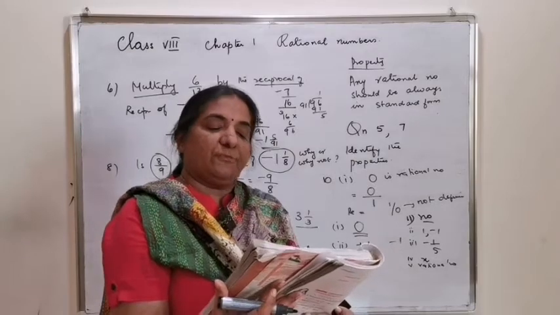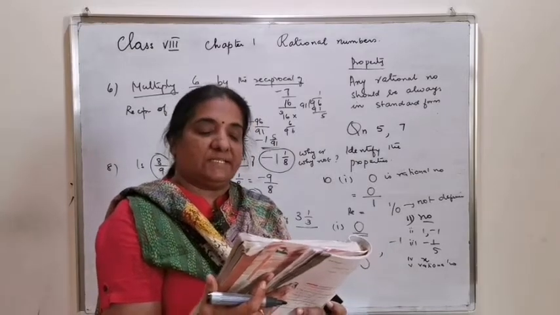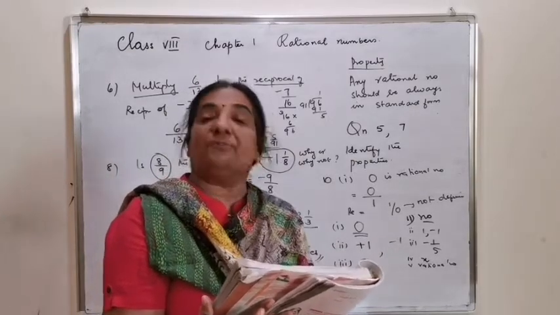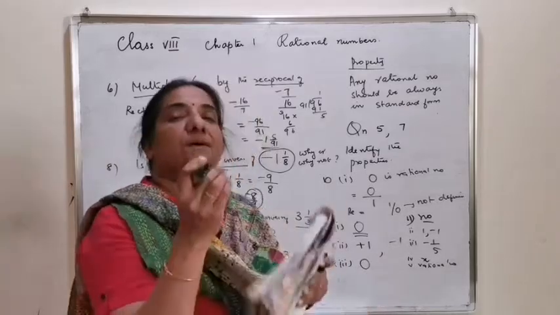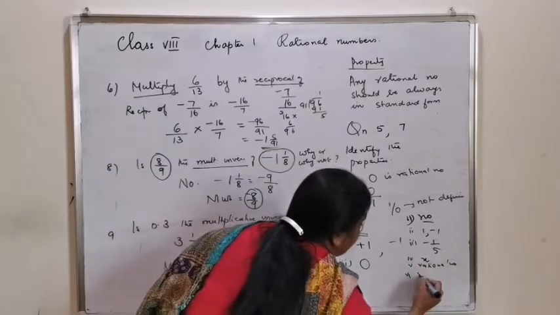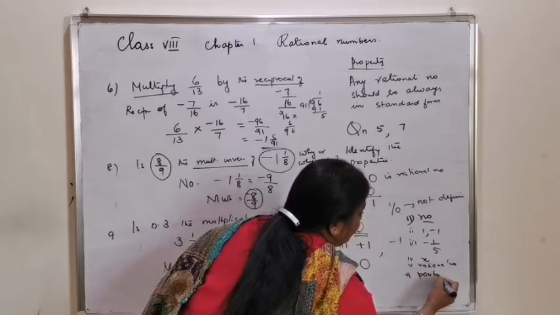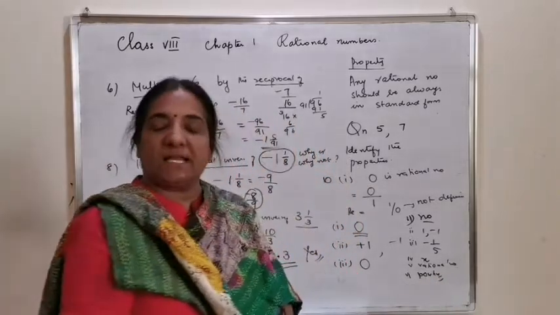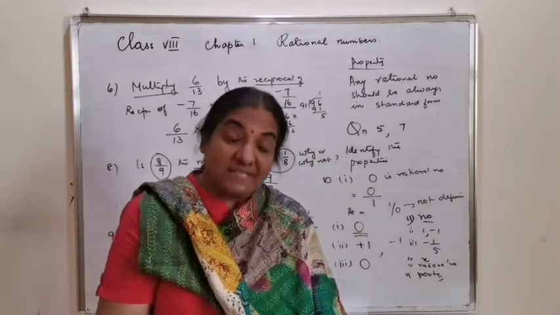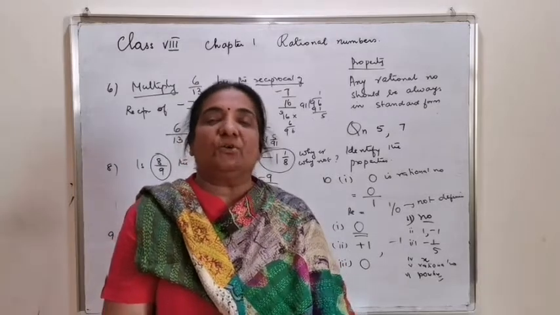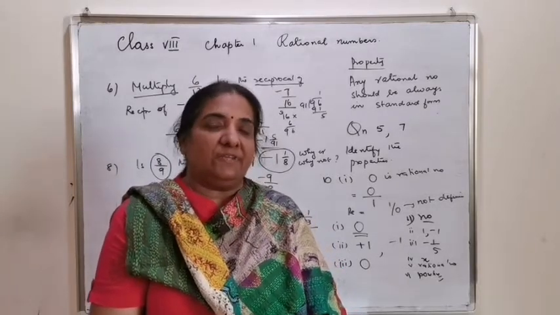The reciprocal of a positive rational number is always positive. The signs are not affected by reciprocals. Signs are affected only by the additive inverse.